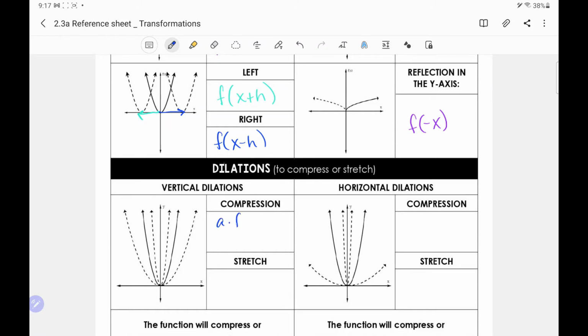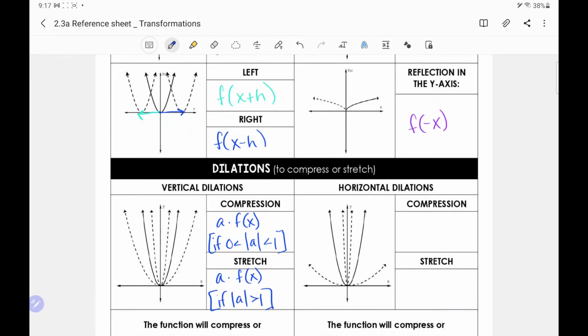If we have a times f of x, so something multiplied by the function, if 0 is less than the absolute value of a is less than 1, okay, so that is the restriction on it being a compression. And then the other way is that a times f of x is a stretch when the absolute value of a is greater than 1.